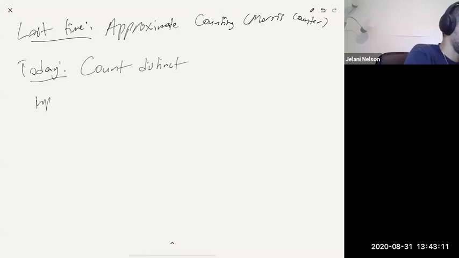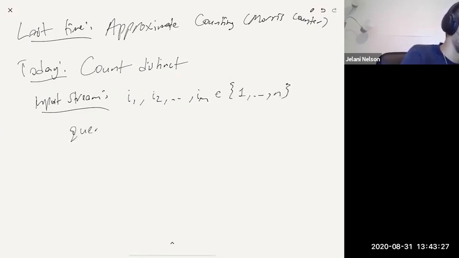So the input stream is just a sequence of integers, i1, i2, up to, let's say, im, where each one of these is some integer between 1 and n, and then the query is how many distinct integers were in the stream.